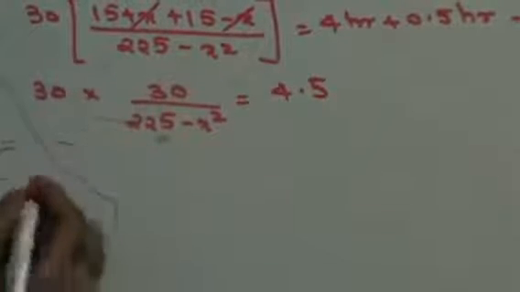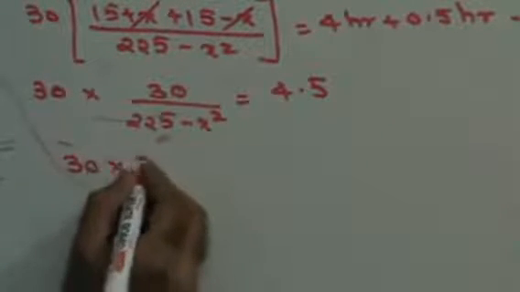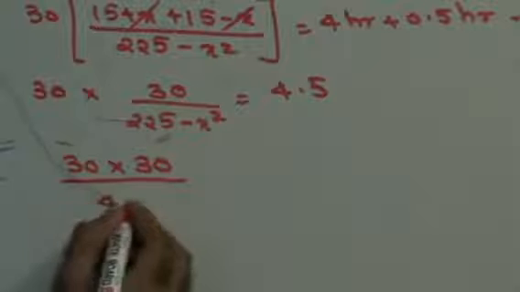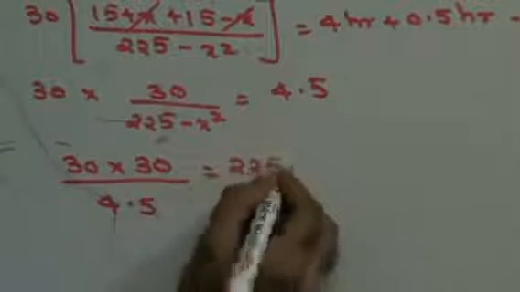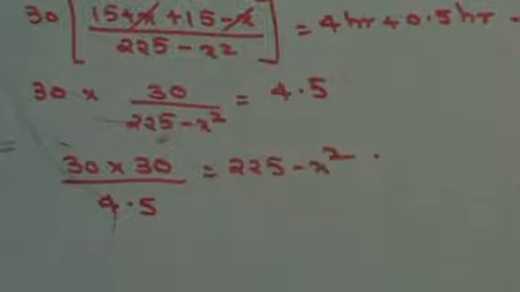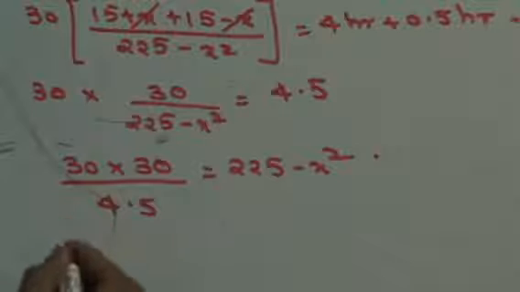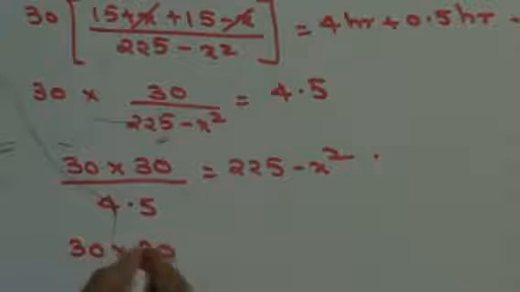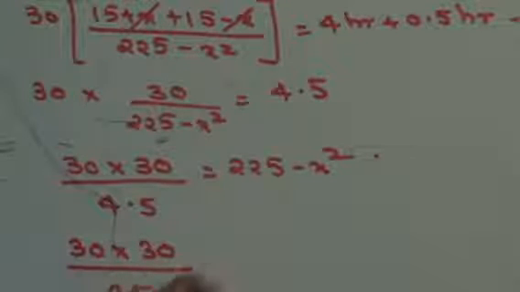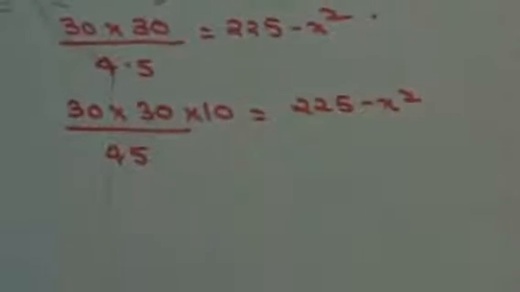Take the 225 minus x square on the other side. So 30 into 30 upon 4.5 is 225 minus x square. 4.5 can be written as 45 upon 10. It's always advisable to get rid of the decimal as fast as possible because that makes things easier. So this will be 30 into 30 upon 45 upon 10 is 225 minus x square.